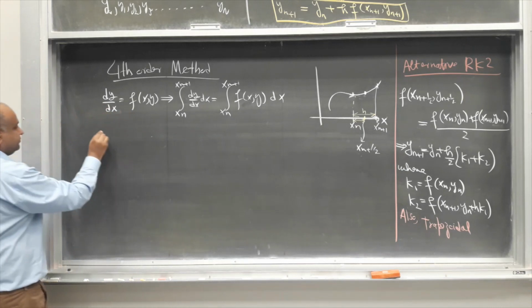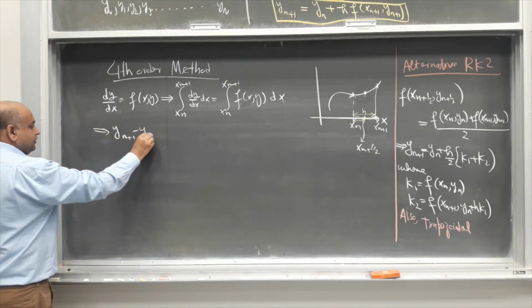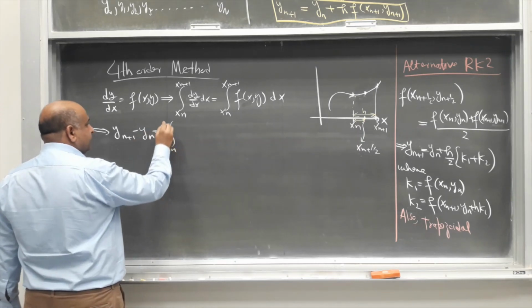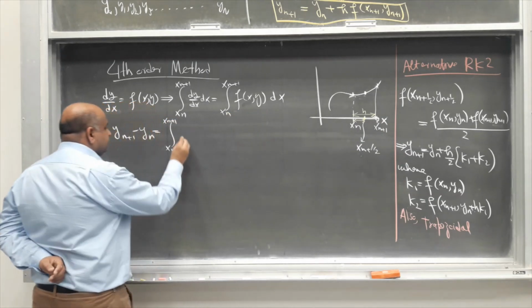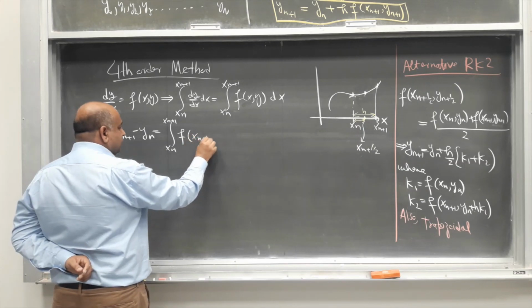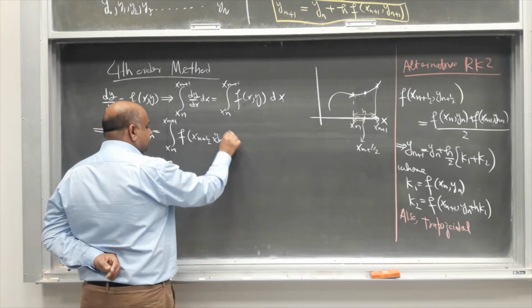Now the left side is easy. On the right side, I use a Taylor series approximation for this function: f of xn plus half, yn plus half.